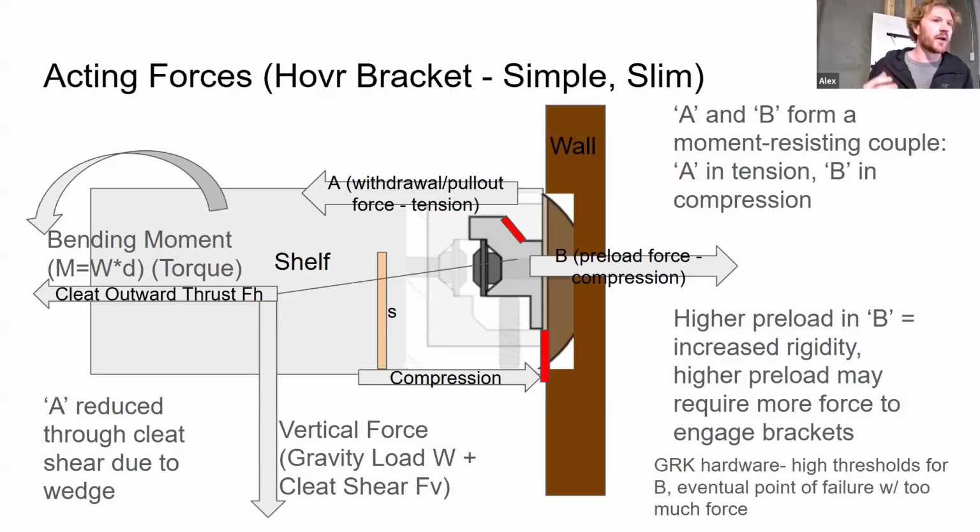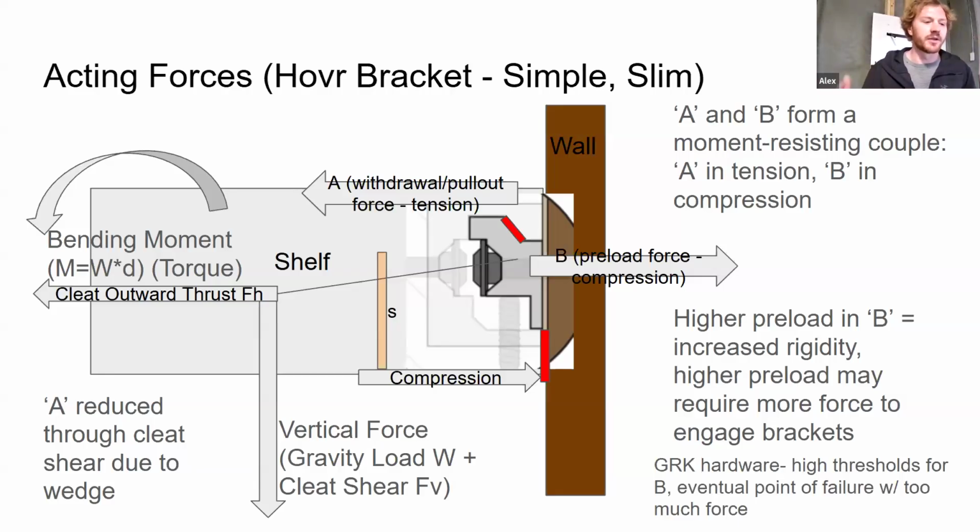So I always tell people who are doing the install to just tighten that male bracket to the wall as much as you can. See if you can get your shelf on. Even maybe take a rubber mallet and a hammer at the back of the shelf, and pound that in so it does sit in. Because once it sits in, if you do have more of that preload force and that compression there, your whole system is just going to be way stronger.